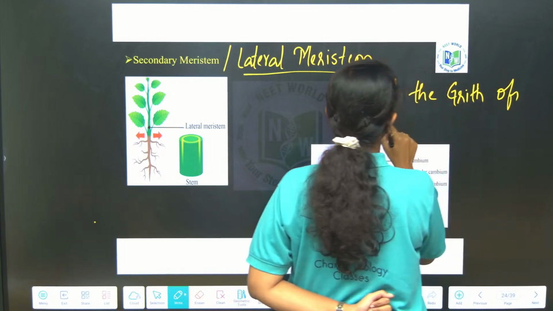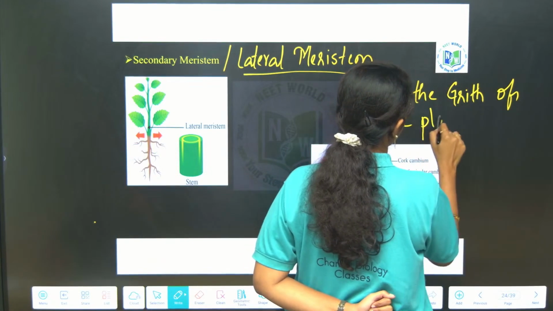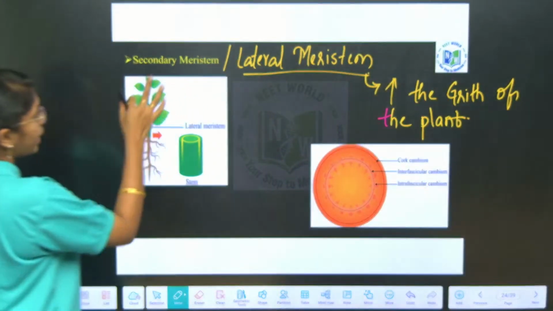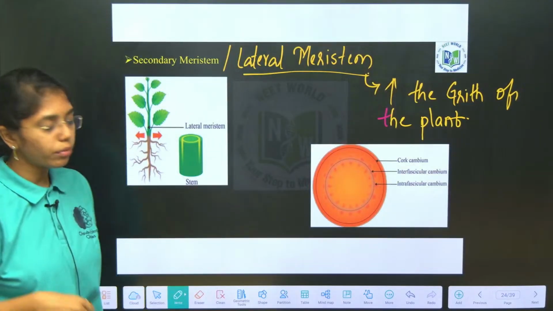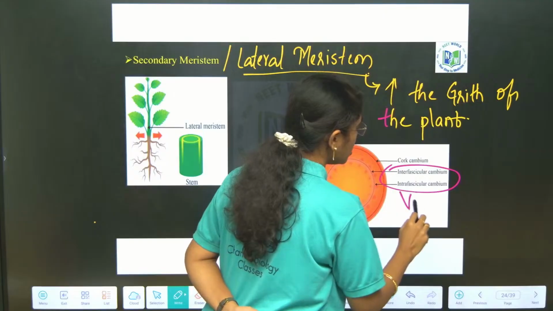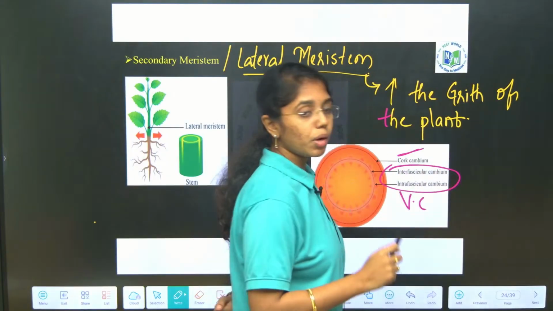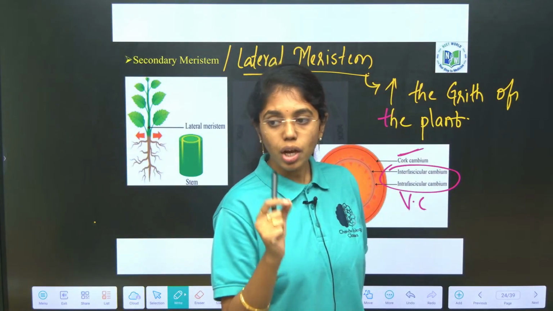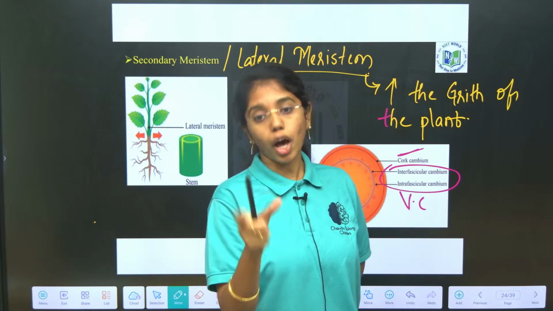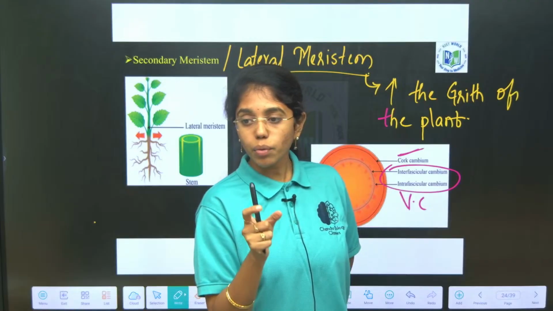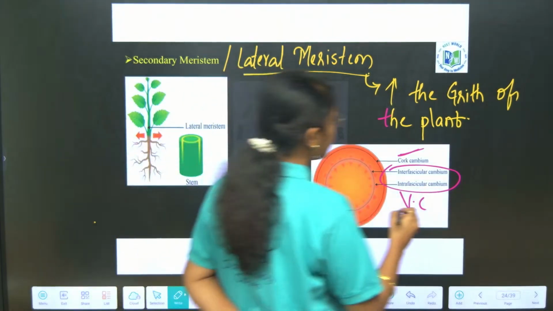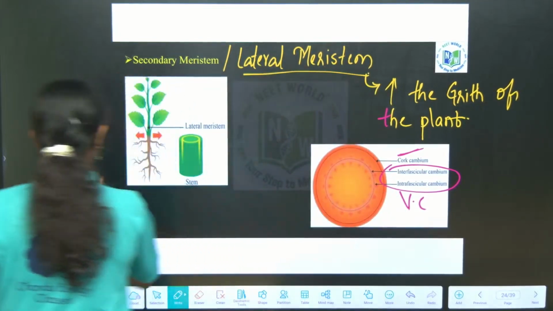Here you see lateral meristems; as we have discussed, we have two types. One is vascular cambium and the second is cork cambium. Cork cambium is present in the cortex region, which helps increase the girth in the cortex region. Vascular cambium will increase the girth in the stellar region. So, vascular cambium will promote stellar secondary growth.